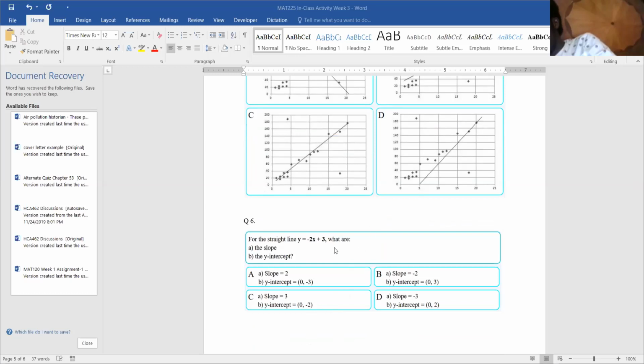Either A or C. I mean, the slope can be a negative, but if it's a negative, then I'm doing something wrong. Look at the signs. Remember, slopes can be negative. They can be positive. They can even be 0. Yep.